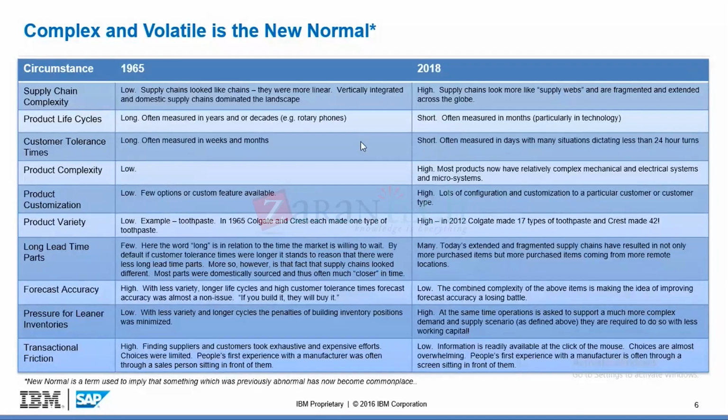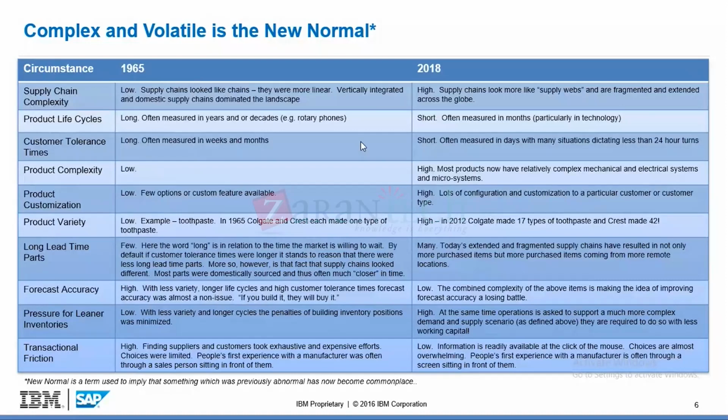Long lead time products were few. Why were they few? Because first of all, product complexity and variability were low, so there were fewer products to consider for lead time. Since we were working with less variety and volatility, our forecast accuracy was much better.